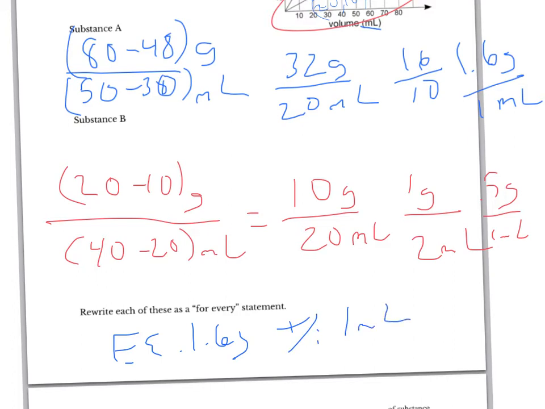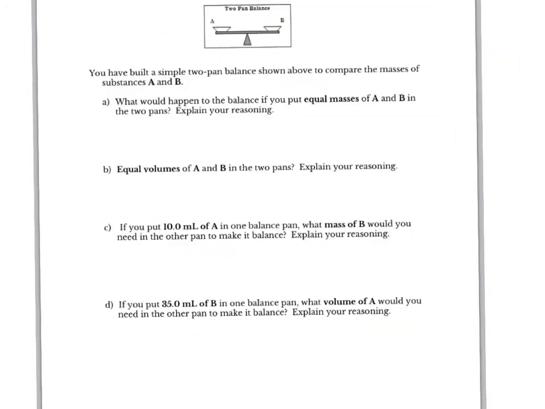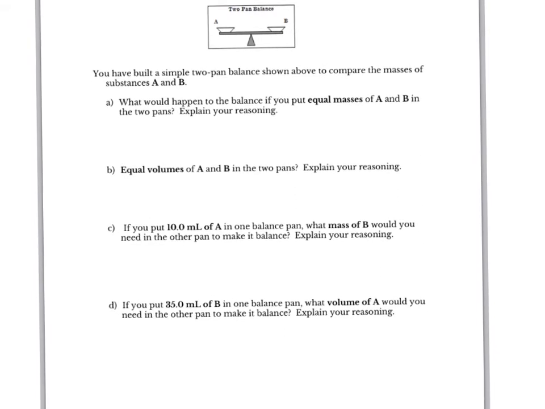And for the red one, for every 0.5 grams, there is 1 milliliter. Okay, and I'm just going to refresh our memories here: substance A had a density of 1.6 grams for every 1 milliliter.